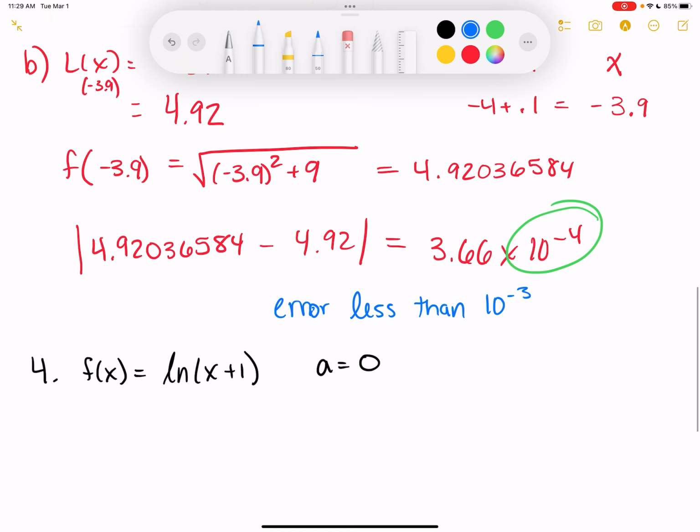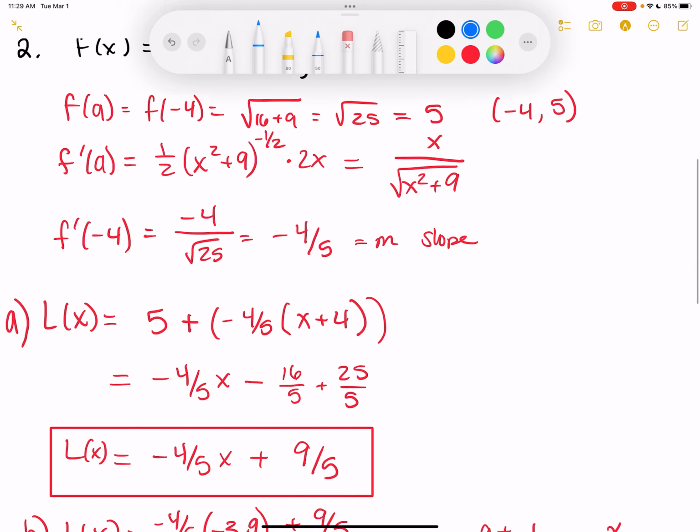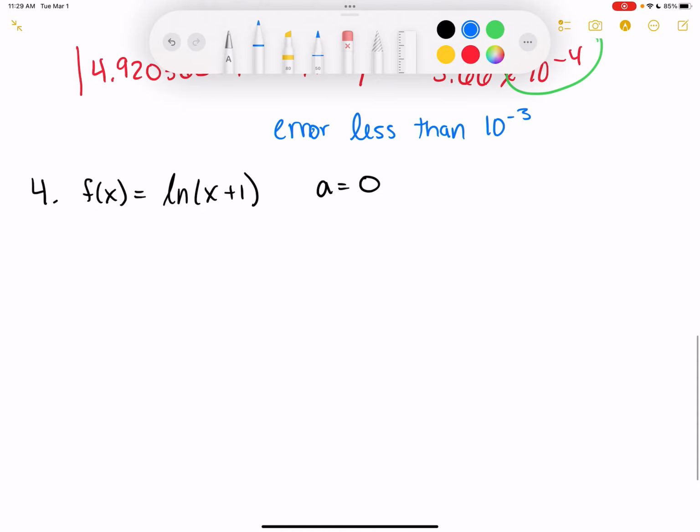So, first of all, we evaluate a. So, f of a is f of 0, which is the ln of 0 plus 1. So, the ln of 1, which is equal to what? Nope. 0.